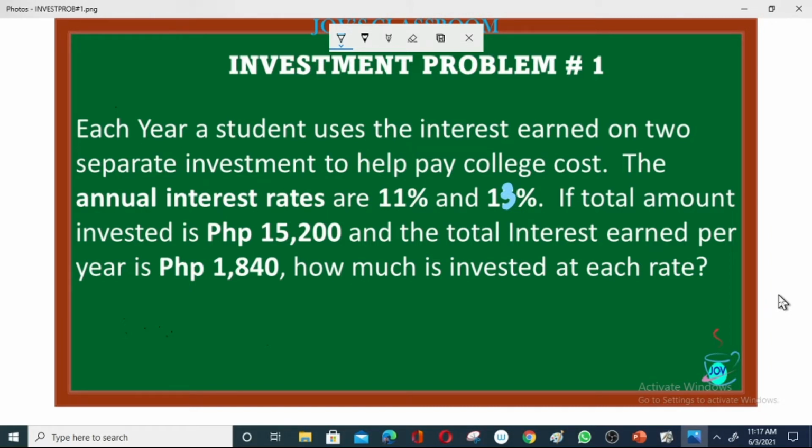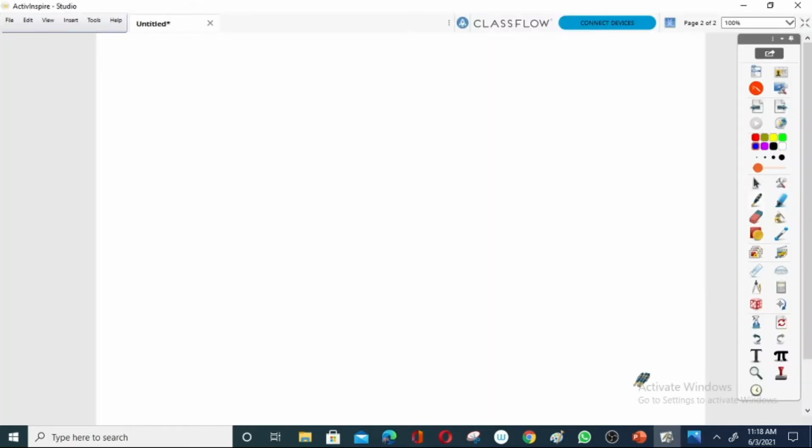If the total invested is 15,200 pesos and the total interest earned per year is 1,840 pesos, how much is invested at each rate? So let's solve the problem.